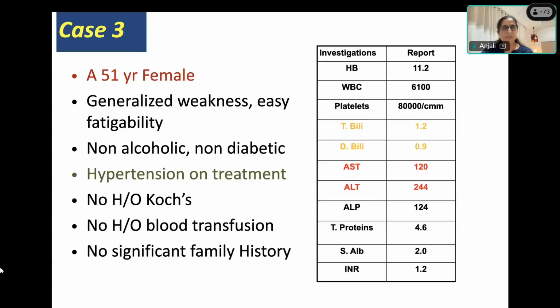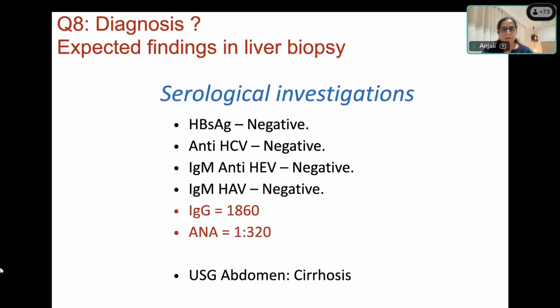Female patient with raised AST, ALT, SGOT and SGPT, and ANA positive, ma'am, raised IgG. It could be autoimmune hepatitis. So what do you expect on liver biopsy?